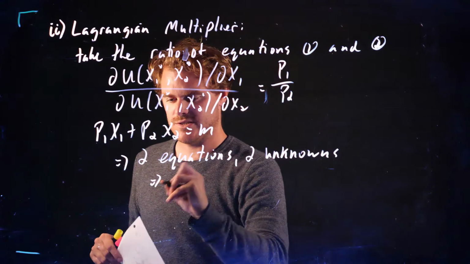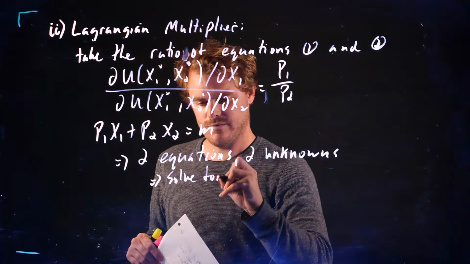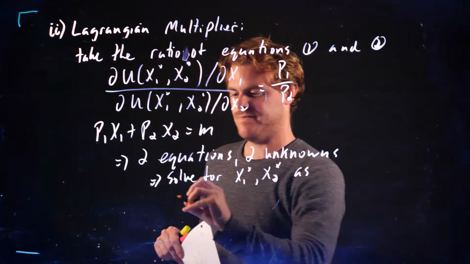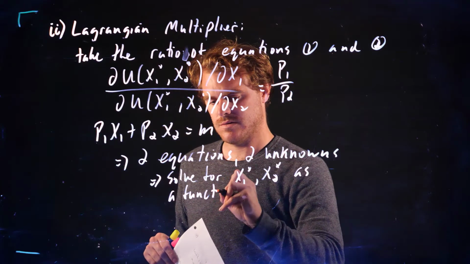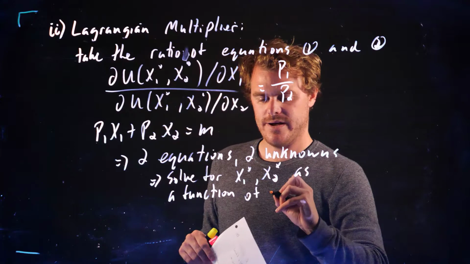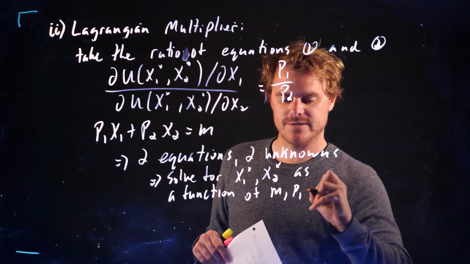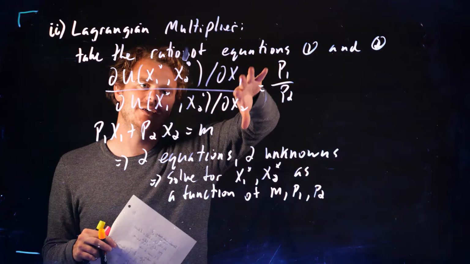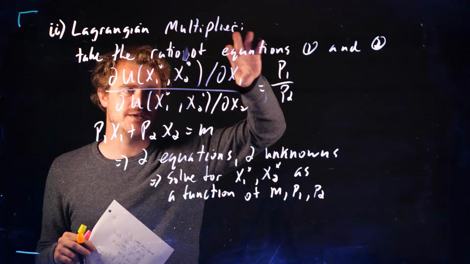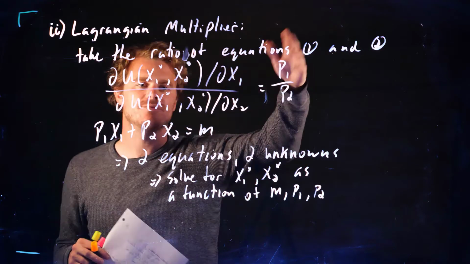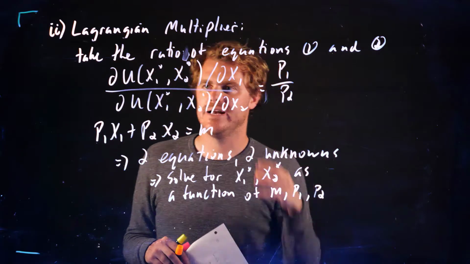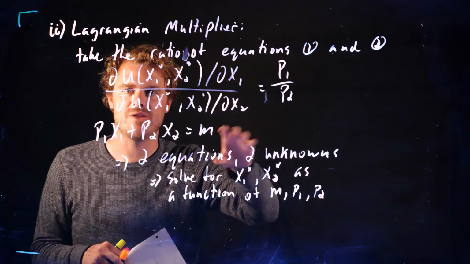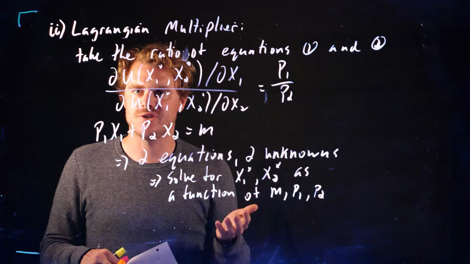And so we can solve for x1 star, x2 star as a function of m and the prices. So income and the prices. I'll show you the calculus in a couple minutes here, when we actually solve for lambda, but essentially we can break down this Lagrangian into the problem we began with, two equations and two unknowns, and we just solve for it.